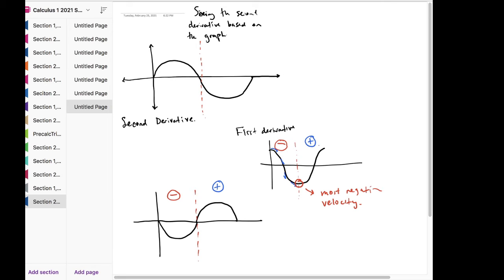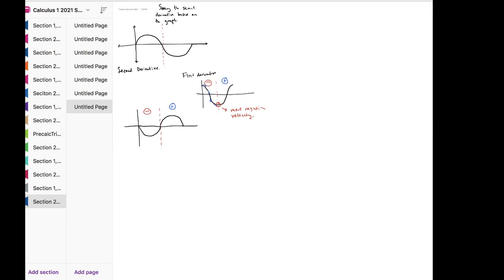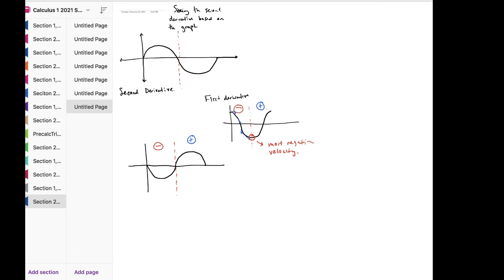So to understand what the second derivative is, if you look at the property of this graph here, the second derivative tells you what the shape is. That's the idea of the second derivative.